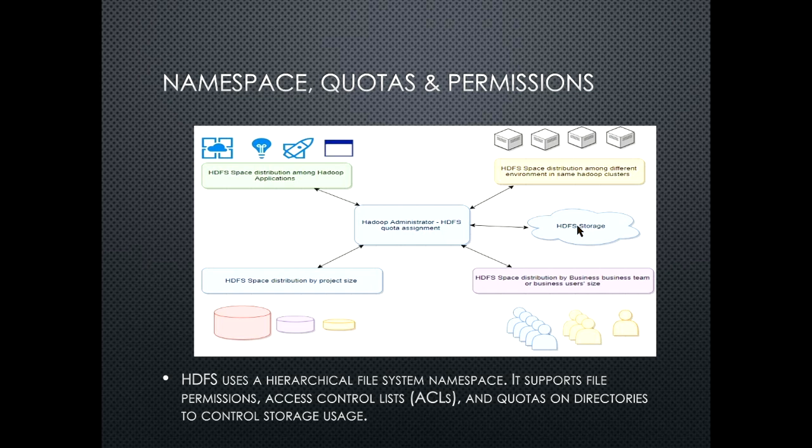And then we have something called space distribution by project size, which can be set using the incoming request. And there is the final one, HDFS space distribution by business team or user size. So there are four factors that decide the allocation quota.